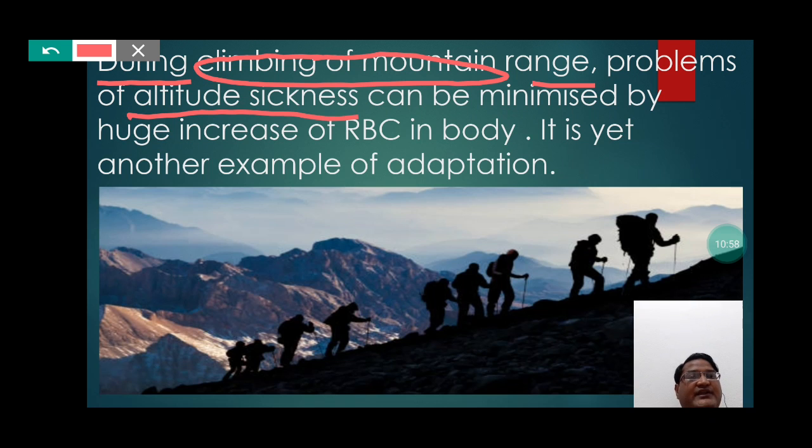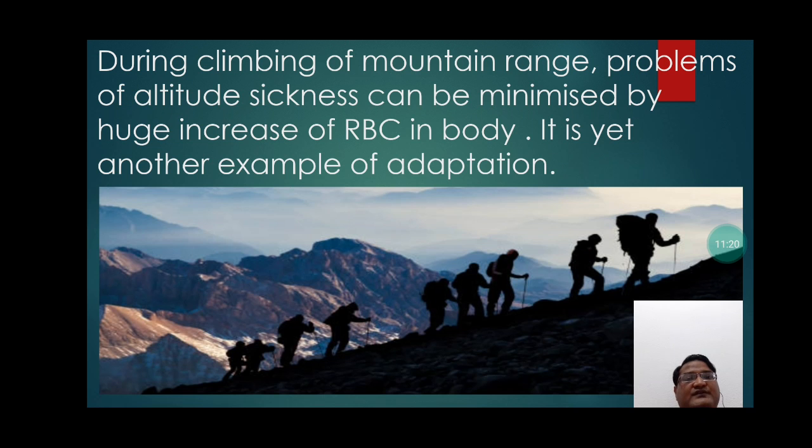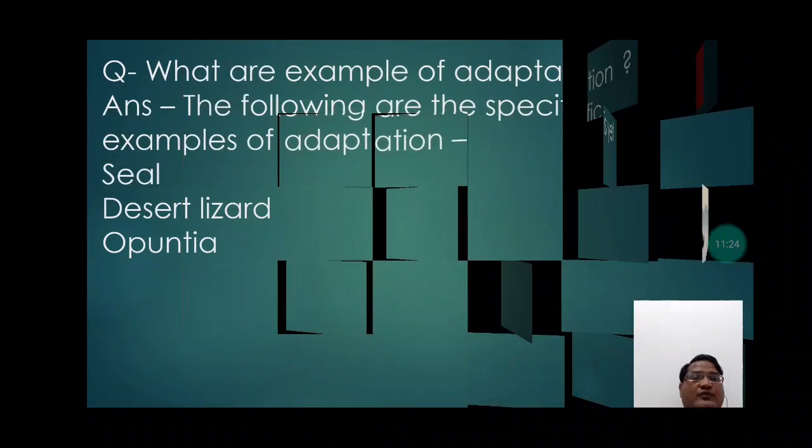This altitude sickness can be minimized by the huge increase of RBC in the body, and it is another example of adaptation. The increase in the number of RBC ensures more transportation of oxygen, and as a result the person can have enough supply of oxygen throughout the whole body.